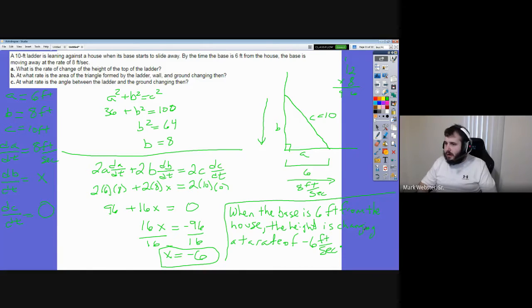If you've done all the work and you've translated it properly, everything should just come out in the wash. And the word changing helps you to avoid dealing with extra stuff, okay?